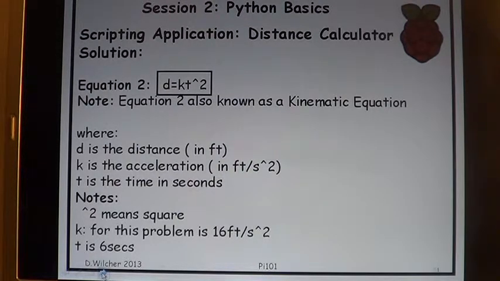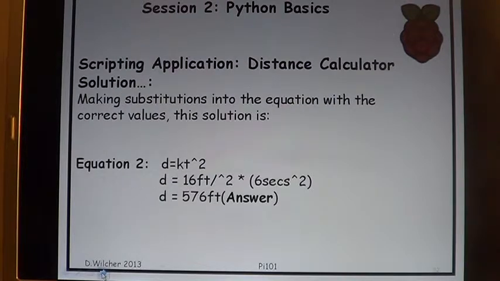We have k, and in the problem it states that for this problem it's going to be 16 feet per second squared, and of course our time that we want to know when this object is falling is based off of 6 seconds. So we have our equation, we make the substitutions into the equation, and you can see right there how we're making our substitutions.